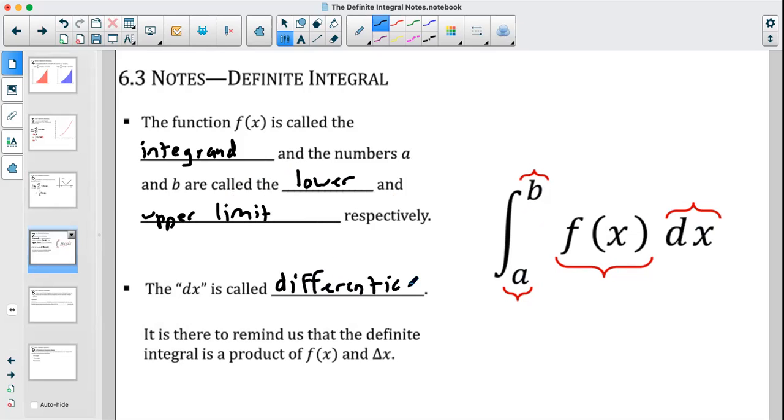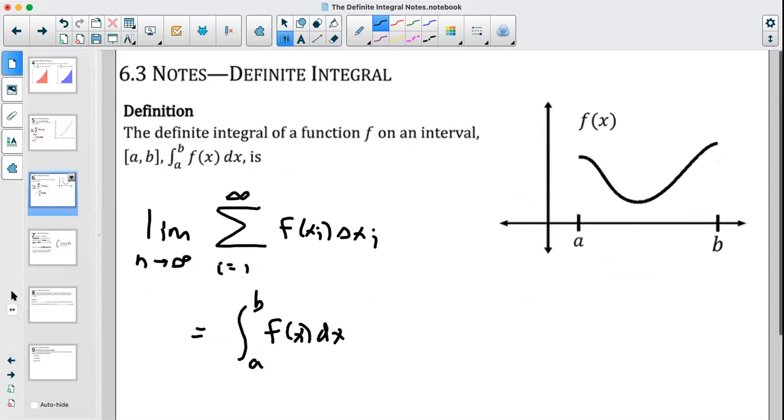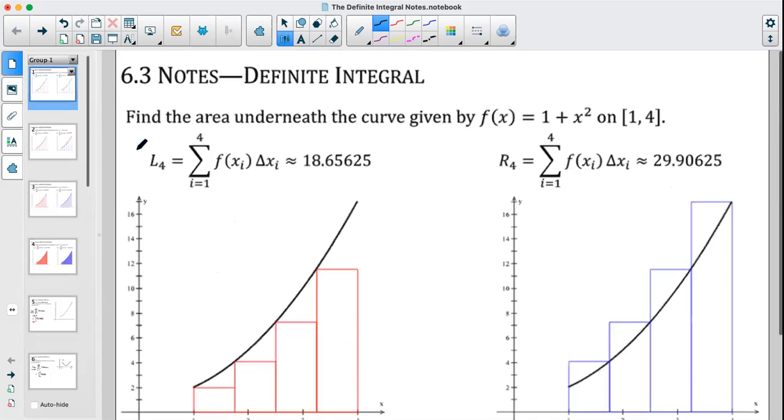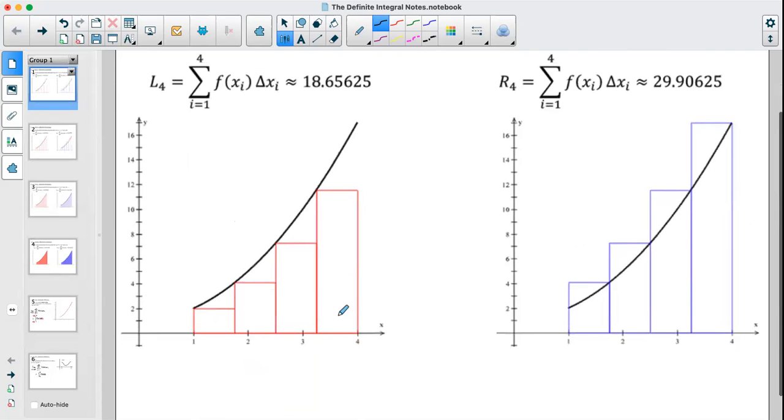Remember, this came from the delta x, but as we let n approach infinity, think about the width of these intervals. Sometimes the total is three units, so each one of these has width 3/4.